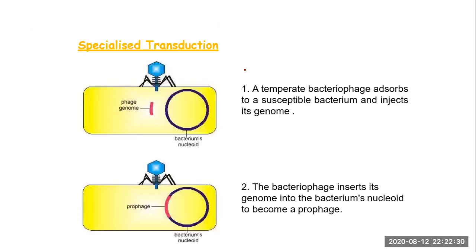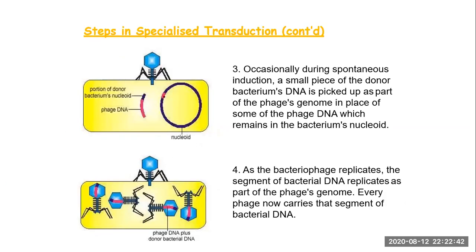And this is step by step: first the phage genome is injected there, then it attaches and prepares the prophage. After that you can check that the prophage actually degenerates from the bacterial DNA with a small fragmented part of bacterial DNA.